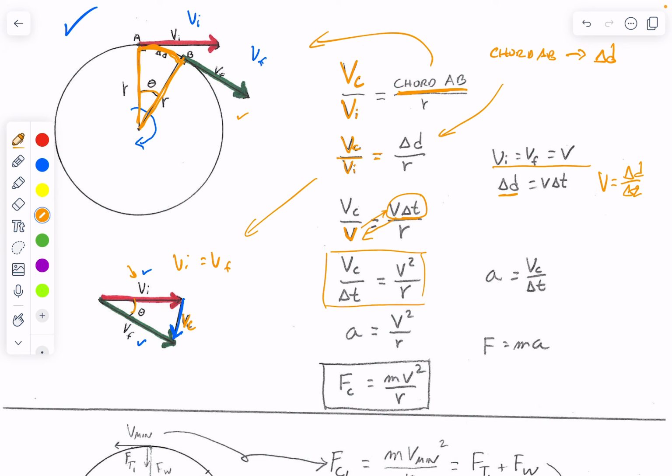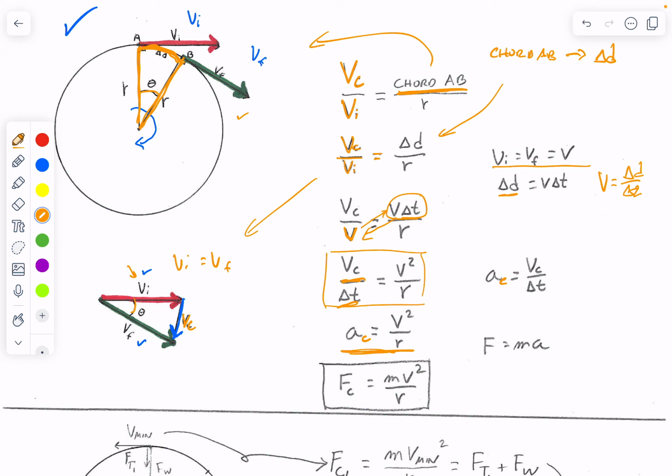Now we know that the centripetal velocity divided by the change in time is called my centripetal acceleration. So my centripetal acceleration equals v squared over r. And this was one of the equations at the very top of page 199.